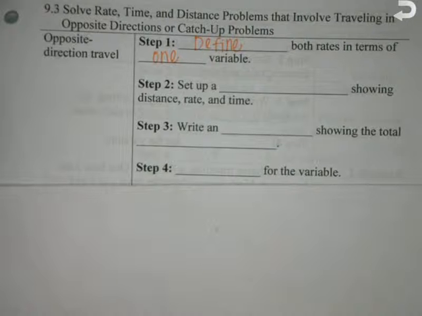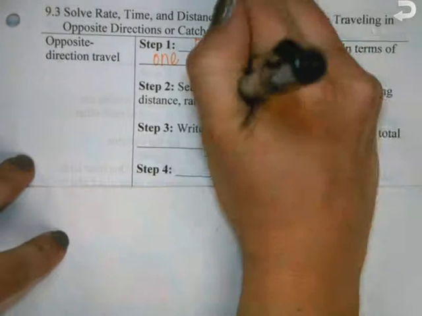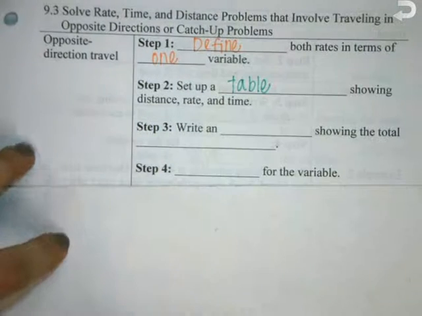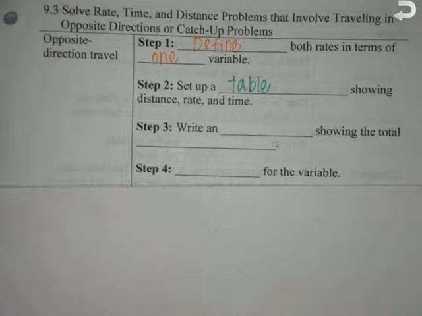Step 2, we're going to set up a table that shows distance, rates, and time. And the kind of cool thing about the table is that it's always exactly the same. You never have to figure out what goes where, because it's always first column is rate, second column is time, third column is distance, always.